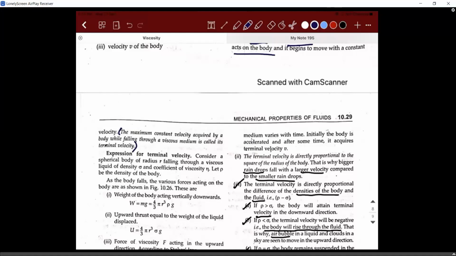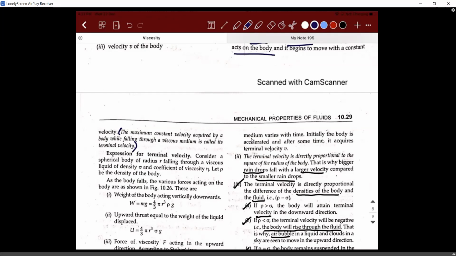Okay. Now we need to answer a question. We understood how terminal velocity is generated. Now our job is to understand how to define it. If I have to explain the same thing as a definition to someone else, how am I going to do it? The theory tells me that the object is accelerating, so its velocity is increasing.